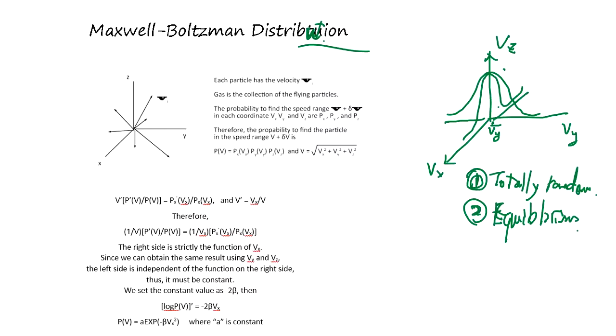It starts with a totally random set of flying molecules, and once it has reached equilibrium, that's what we are interested in. So we assume this, and then it turns out to be a Gaussian distribution.